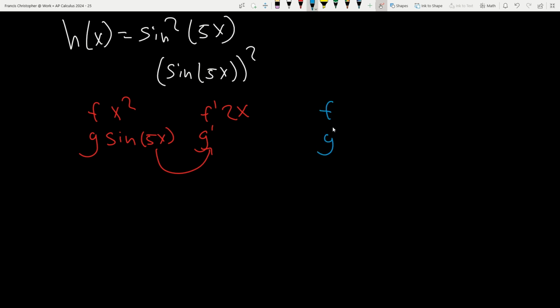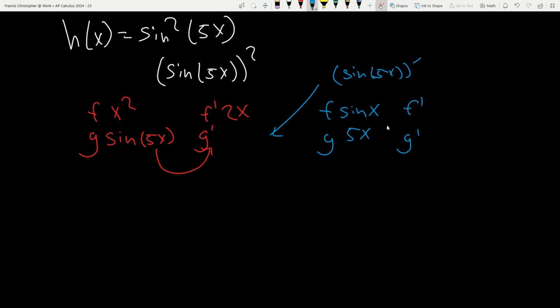We have a new set of f and g. And if you're to do this on your own, don't confuse these f's and g's because they represent different things, remember. Because in this one, we're finding the derivative of sine of 5x to find g prime of x for this. So just be careful of that. So we have the outer function sine x and the inner function 5x.